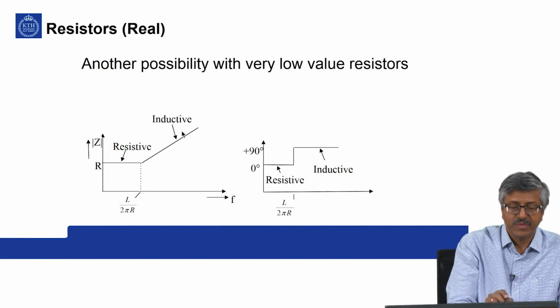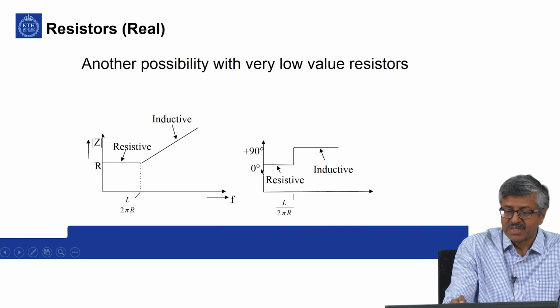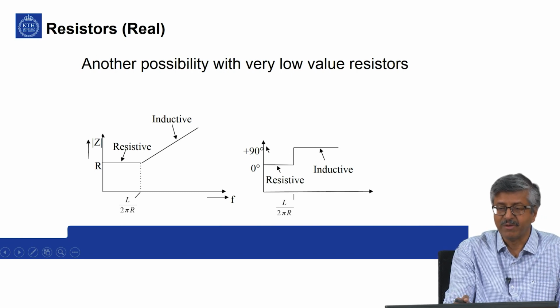So from resistive to inductive it is going directly without going through the capacitive phase. So you have resistance and you have inductance, the phase angle. So this is another possibility with very low value resistors.